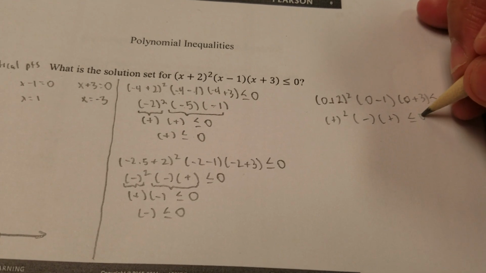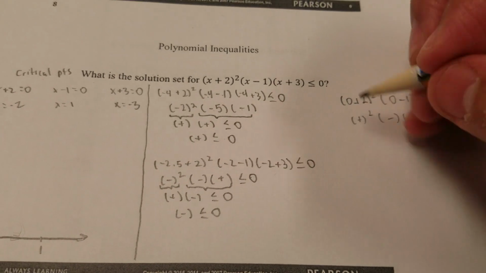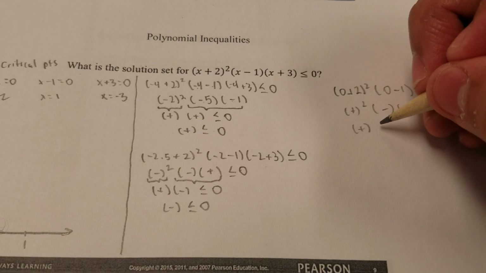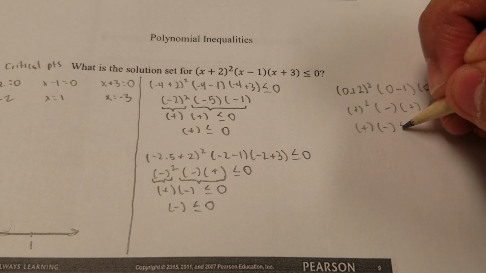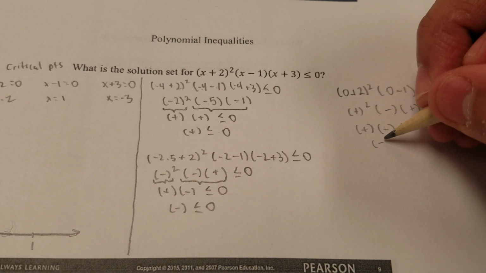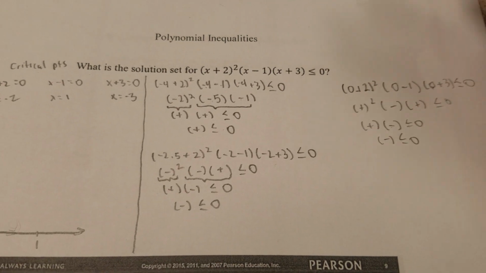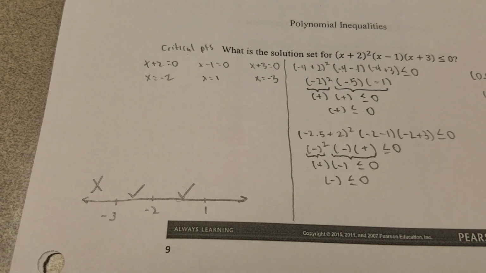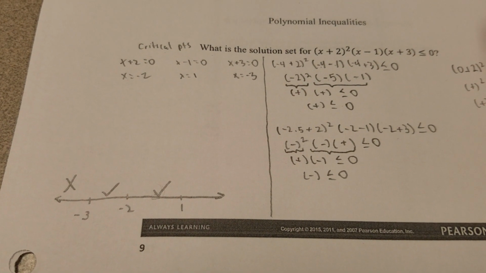So here, this is positive. A positive number squared is positive. Positive times negative is negative. So is a negative number smaller than 0? Yeah, it is. So that's what goes here, or that makes the statement true.